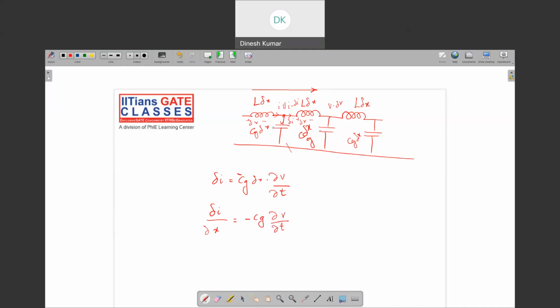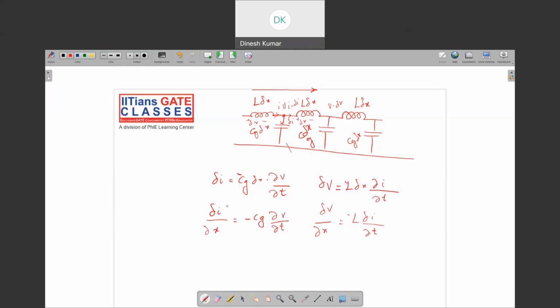Similarly, if you write the voltage here, delta V equal to L delta x into dou I by dou t. So dou V by dou x equal to minus L into dou I by dou t.